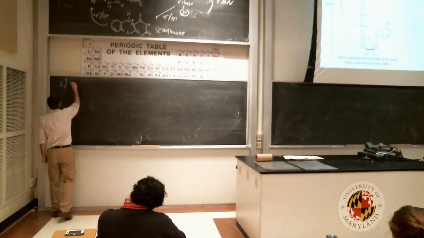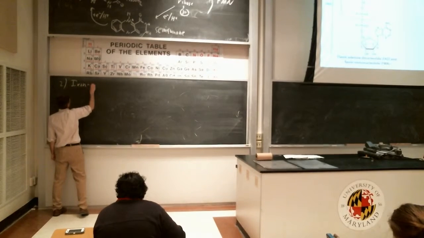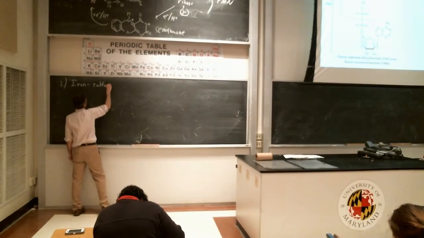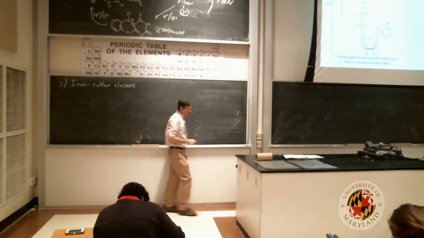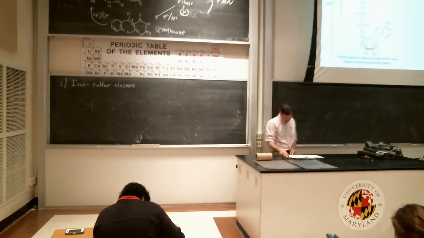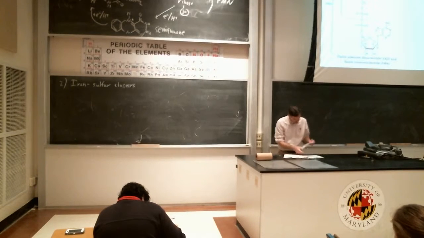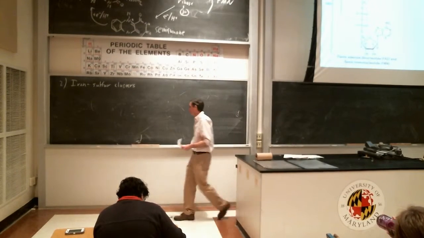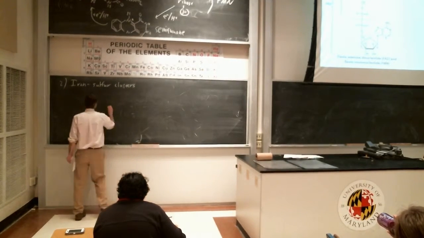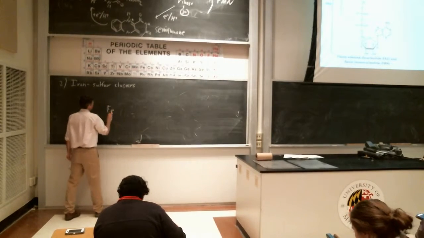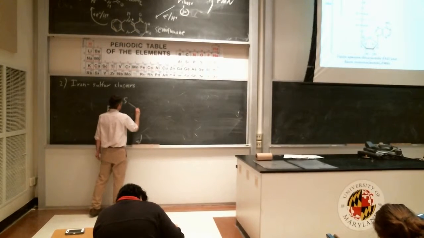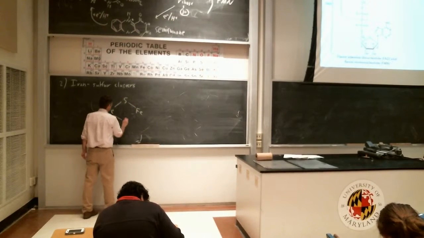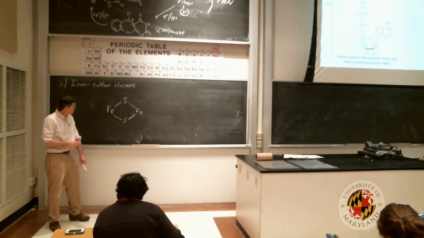The second type are what are known as iron-sulfur clusters. Iron-sulfur clusters come in several forms, and one of the important forms has this structure: an iron, which is covalently bonded to a sulfur atom, covalently bonded to a second iron and a second sulfur atom.